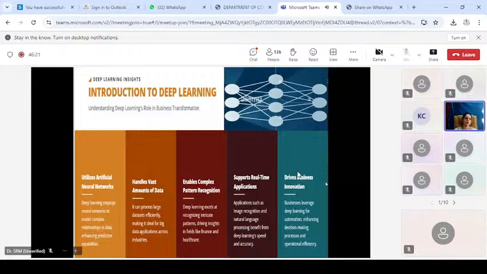When we look at the first point, it says DL, deep learning, utilizes artificial neural networks for advanced decision making. Yes. DL models are structured in multiple layers of artificial neurons, which enables them to process data in increasingly complex ways.